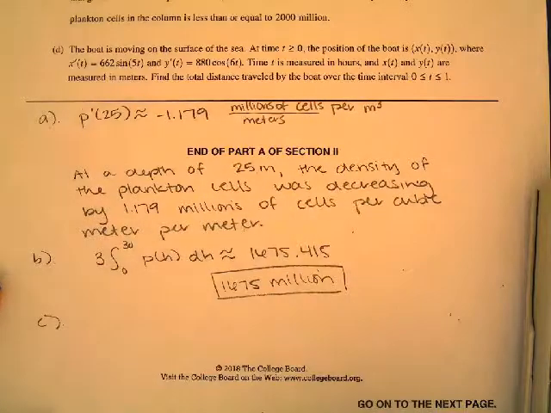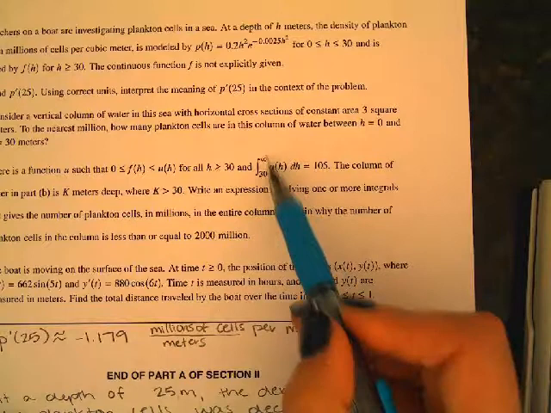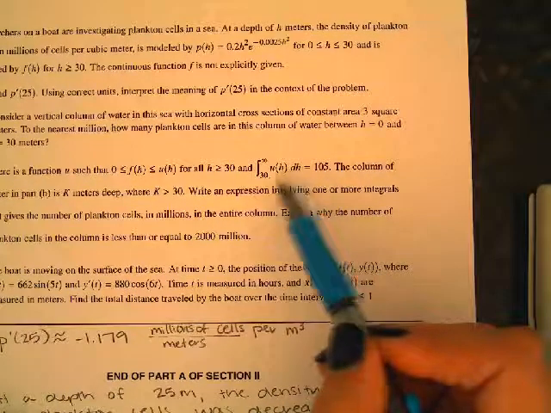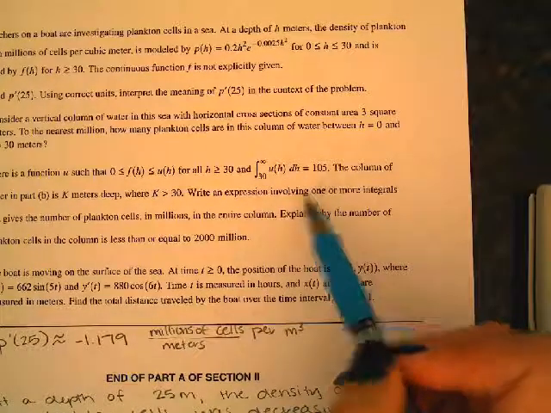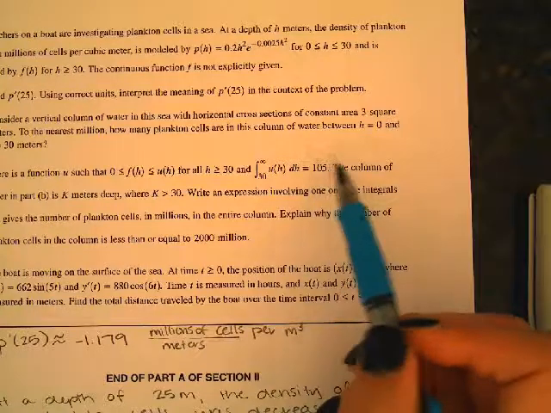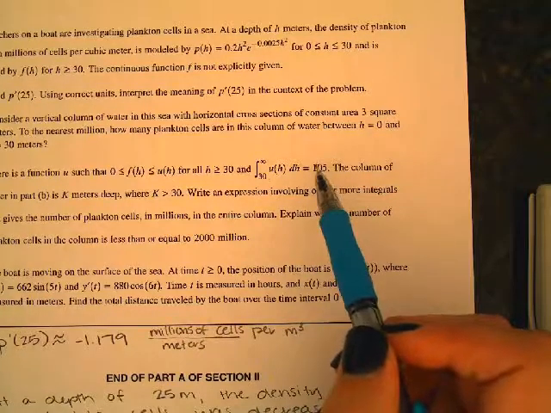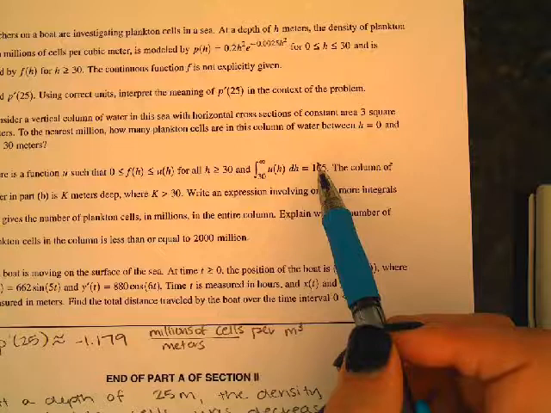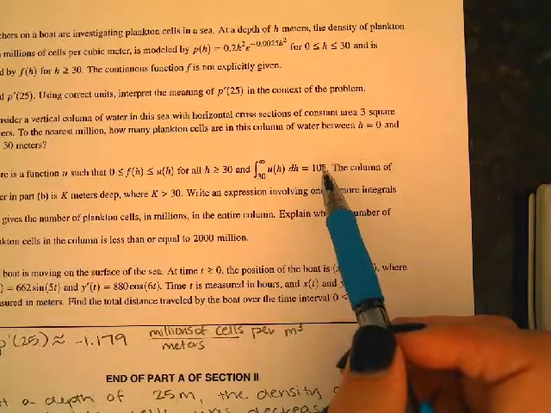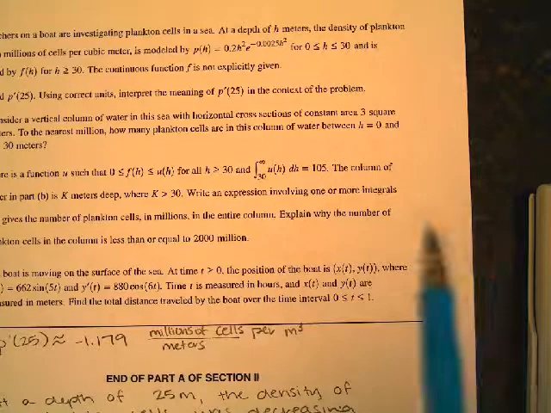For part C, now there's a function for the height from 0 to 30, then they give you another function from 30 to infinity. So anything with a depth that's more than 30, and they say that that's 105. Now they're talking about that same column of water, but it's K meters deep, so it's deeper than 30 meters. 50 meters, 100 meters, whatever.